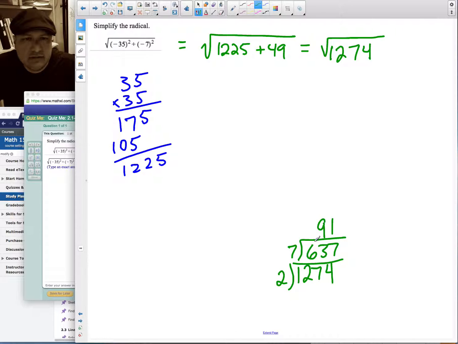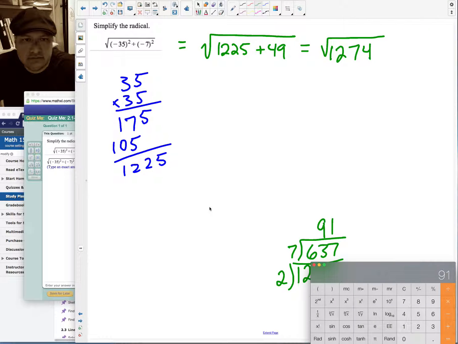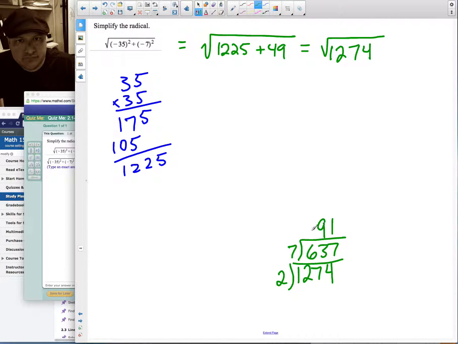I think it might be divisible by 13. Yeah, so 7 goes into it again. We're left with 13. Now 13 is a prime number. Now this is our prime factorization here.